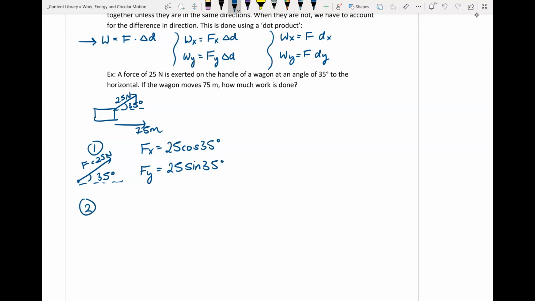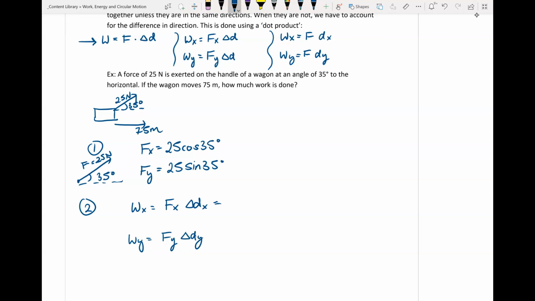So then when I'm calculating work, we're going to have a work in the x direction and a work in the y direction as well. So Wx is going to be Fx multiplied by our distance in the x direction, and Wy is going to be Fy multiplied by our distance in the y direction.